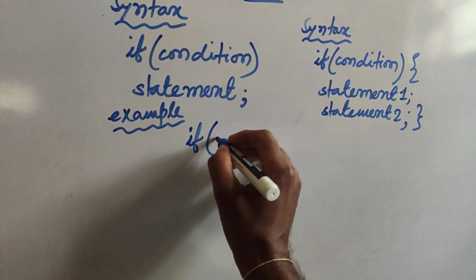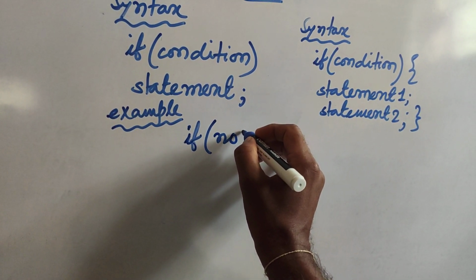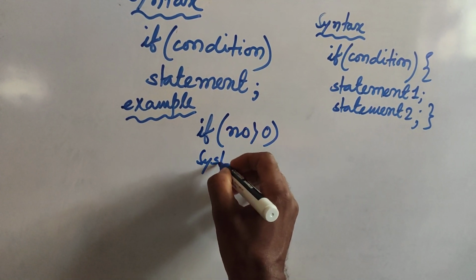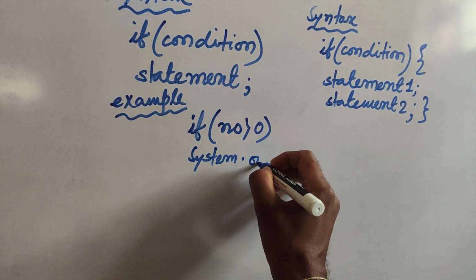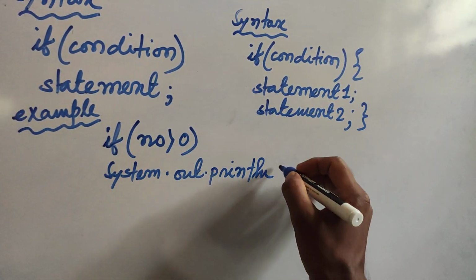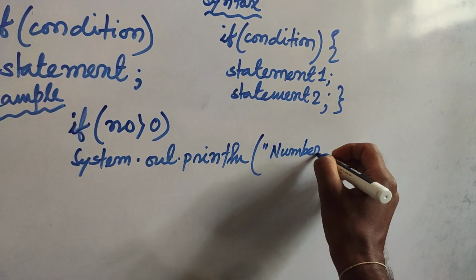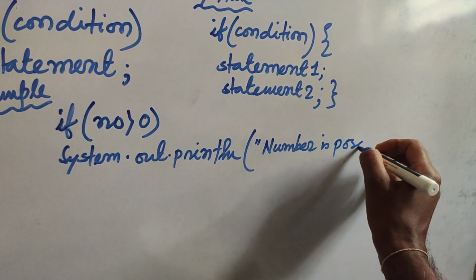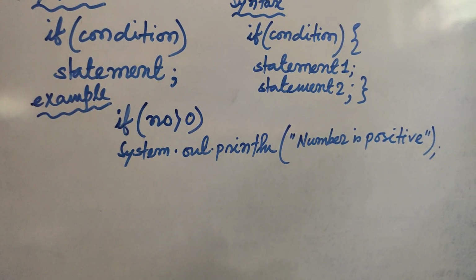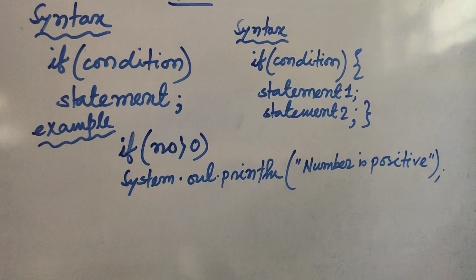Suppose this is the variable: if number greater than 0, System.out.println, this is the statement, "number is positive". This is the example. If the condition is true, the computer displays the result, number is positive.